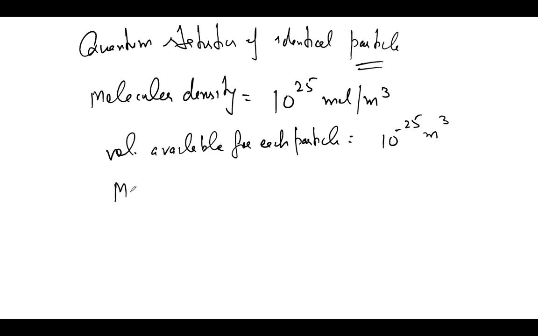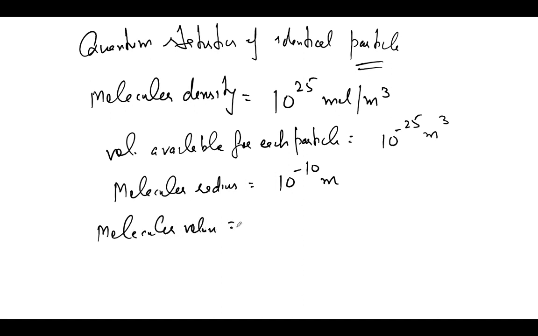For the molecular radius, if I consider approximately the size of the atom, which is 10 to the power minus 10 meter, we can calculate the molecular volume, 4 by 3 pi r cube, which is of the order of 10 to the power minus 30 meter cube. So the molecule is much smaller than the volume available for it.